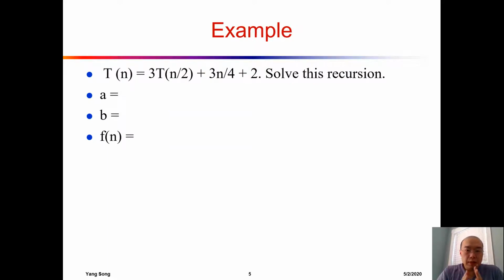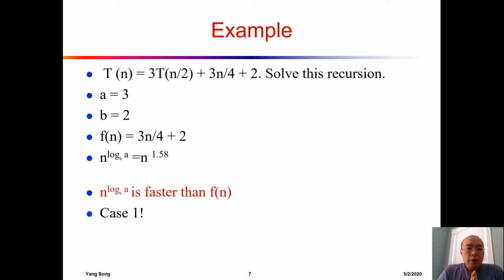We are going to see several examples. The first one is this one. When you see a recursion, the first thing to do is figure out a, b, and f(n). Here a is 3, b is 2, and f(n) is 3n/4 plus 2. Next, what is n to the log_b a? Log_2 3 gives you about 1.58, which is a little higher than n and a little lower than n squared.